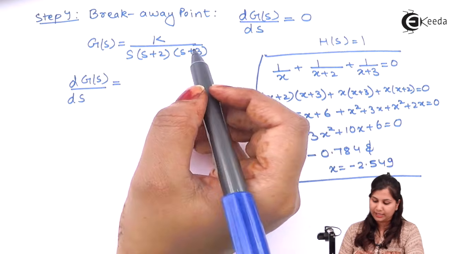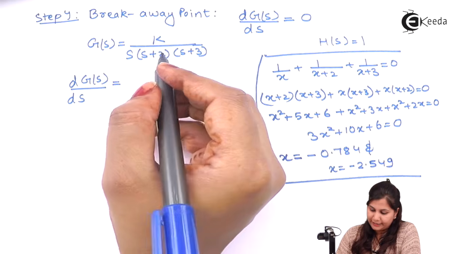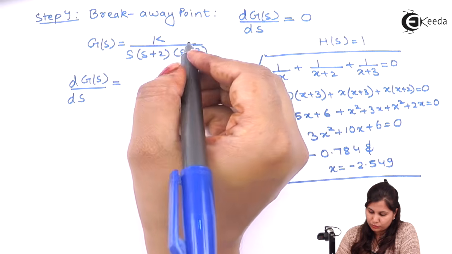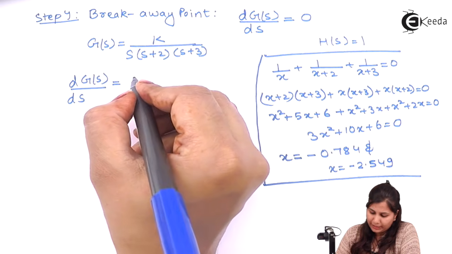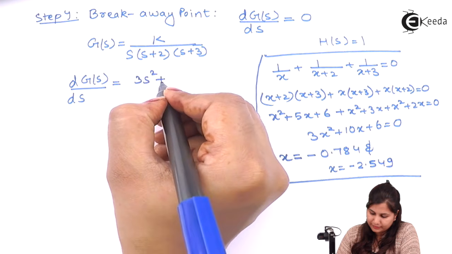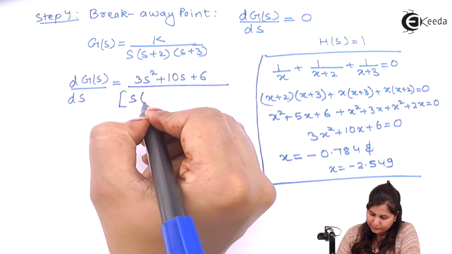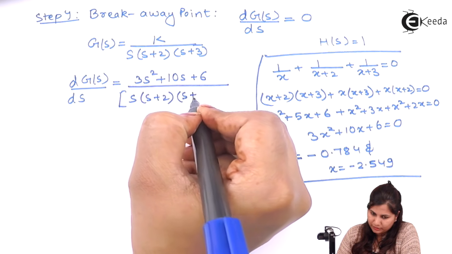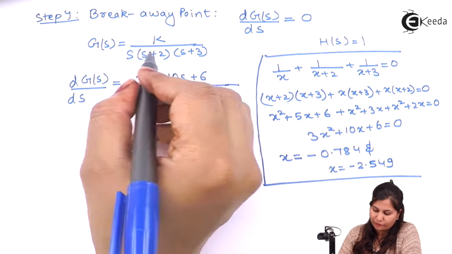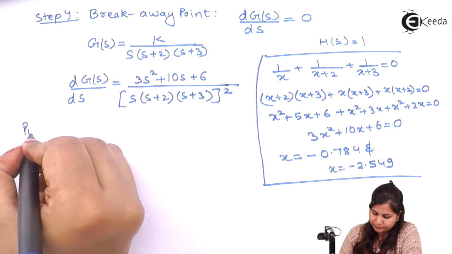So this is the direct method to find the value of the breakaway points. Another method is to apply the differentiation formulas. Differentiation of K will be 0, and the differentiation of this denominator equation is 3s square plus 10s plus 6 divided by s plus 2, s plus 3 whole square. Okay, so this is the differentiation of this open loop transfer function. Now equate it to 0.